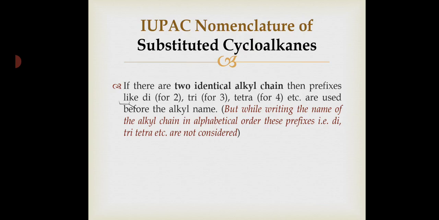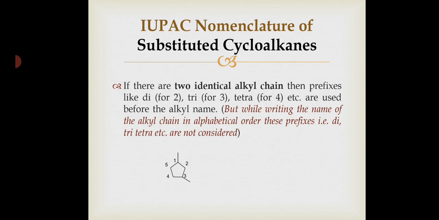Okay. So what will be the name of this compound? Since this is a cyclopentane ring, and it has two substituents and both the substituents are identical, both are methyl, let's start numbering from this methyl group.